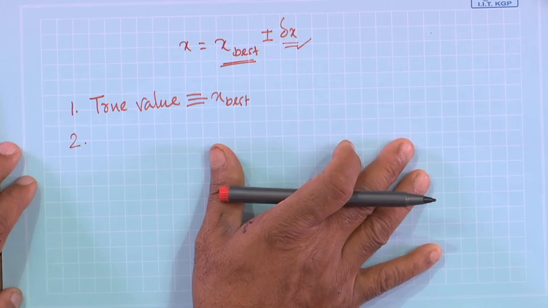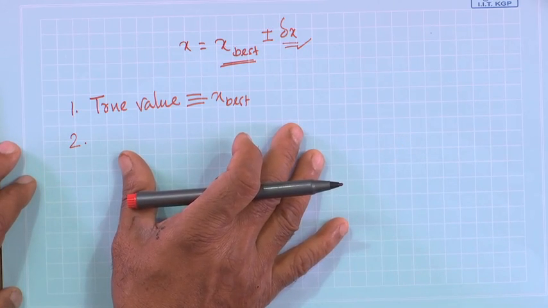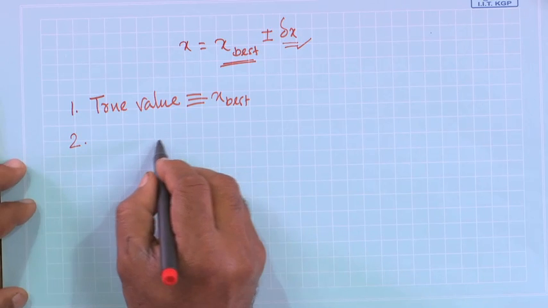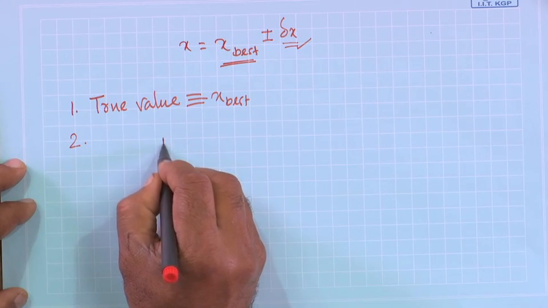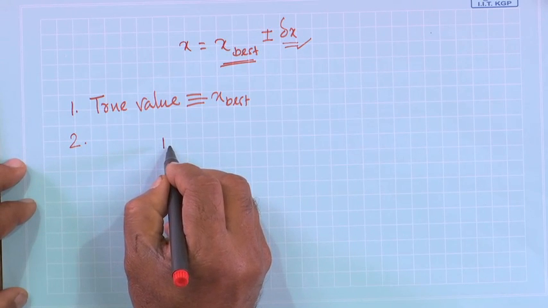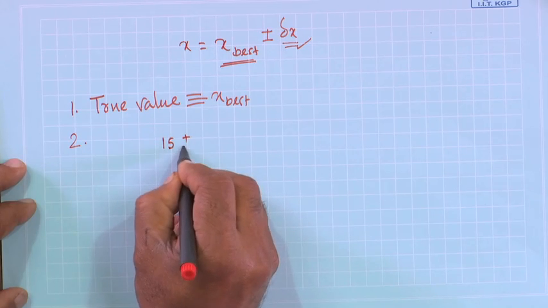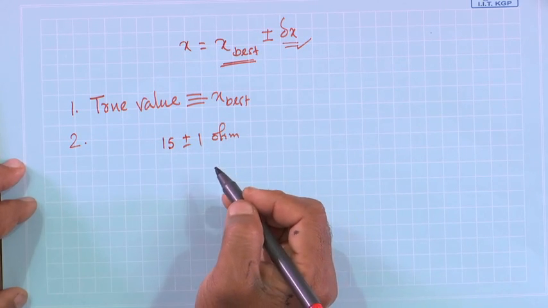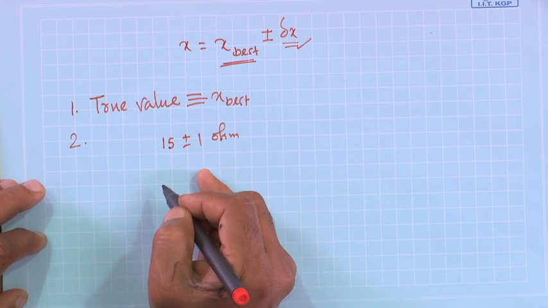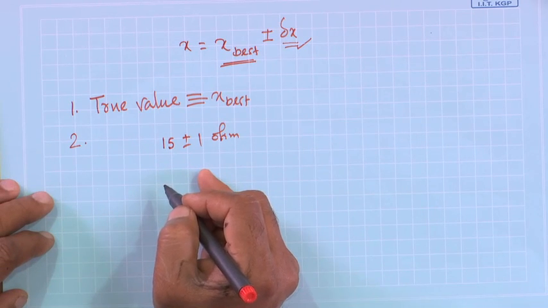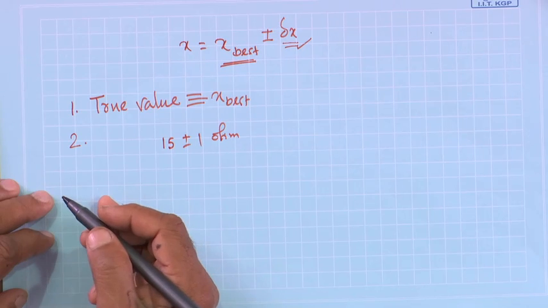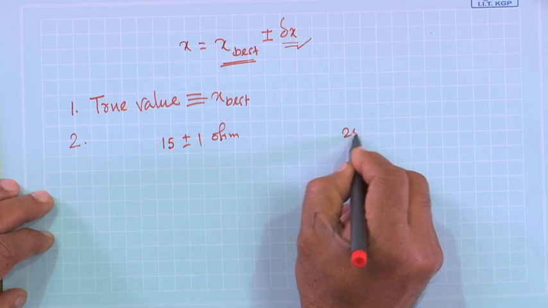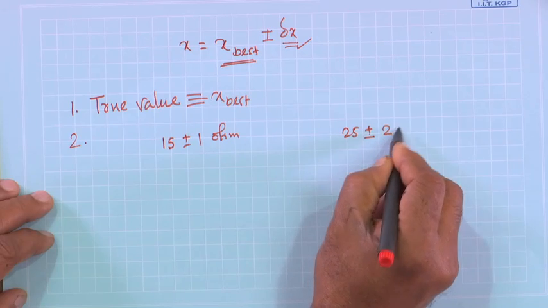So, that is the example I gave you, that if you measure the resistance of a resistor and find the value, say, 15 plus minus 1 ohm, and your friend has measured the resistance of the same resistor, and he found 25 plus minus 2 ohm.